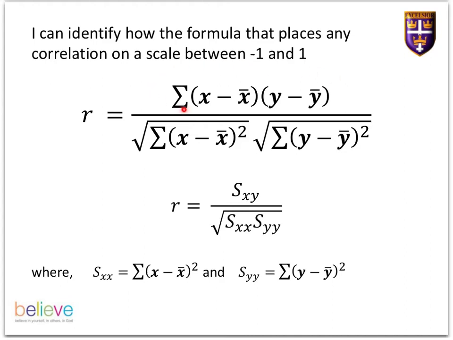And just as there was an easier way of writing this as SXY, these calculations inside these square root bits can be written more easily as SXX and SYY. And there you go, that explains what they are.